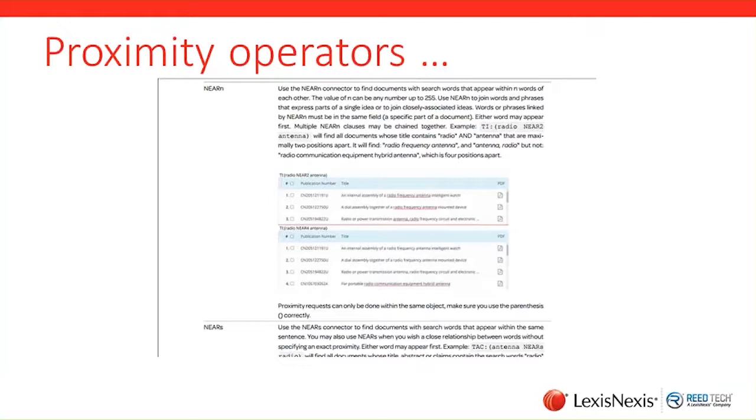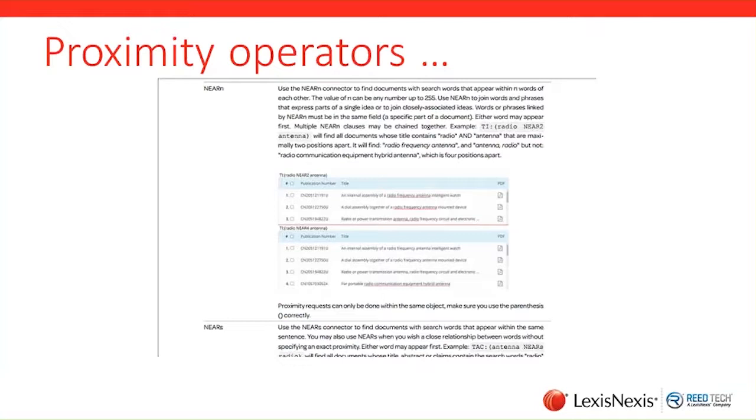Using operators, also known as connectors, requires the user to tell the search engine how to structure the search and how to prioritize the various terms. Most search engines do this using parentheses, and the order in which parentheses are used has a major bearing on the results.